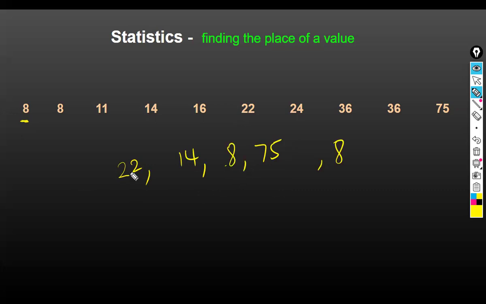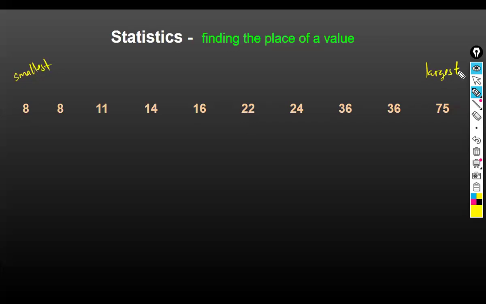You need to always try your best to arrange the numbers from smallest to largest. It will help you. So this here is the first value, this is the second value, this is the third value. So you have 1, 2, 3, 4, 5, 6, 7, 8, 9, 10. Down here is the 10th value.